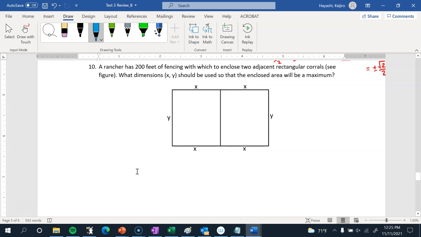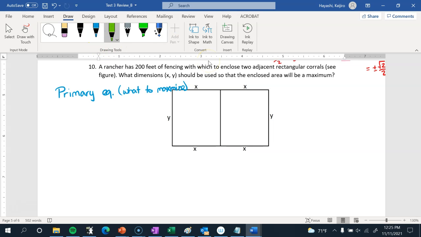So this last one that's actually going to be printed on your paper is an optimization problem, but it's certainly not one of the worst ones. So in every optimization problem, there's going to be both a primary equation that represents the quantity that you're looking to maximize or minimize, what to maximize.